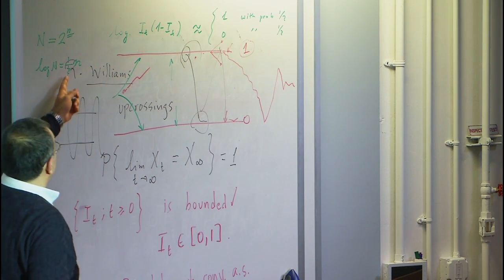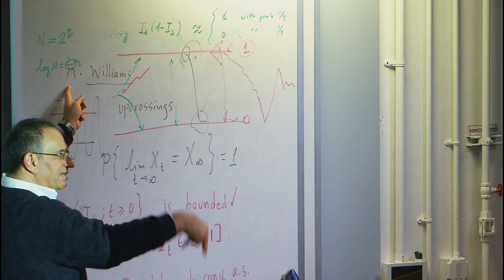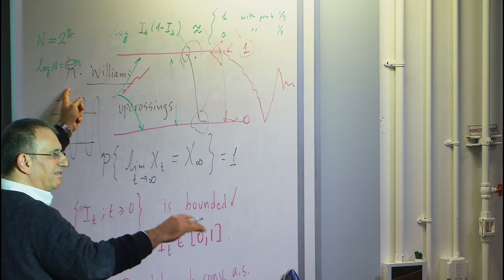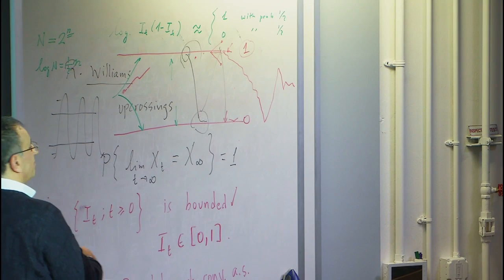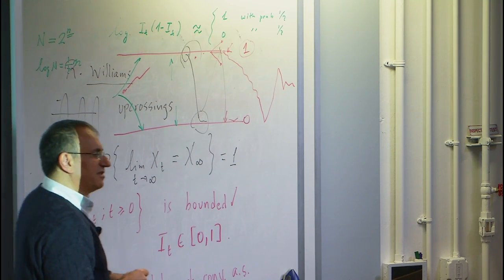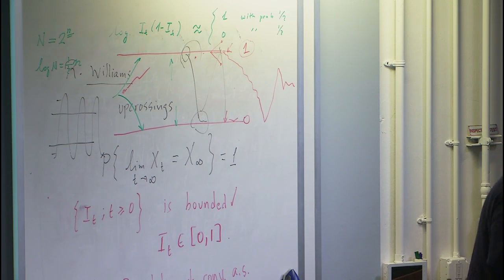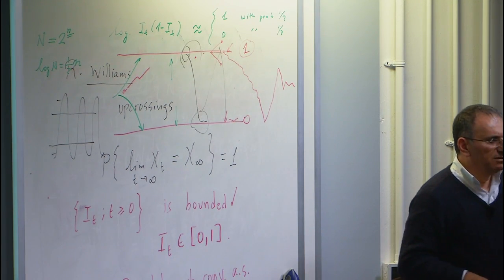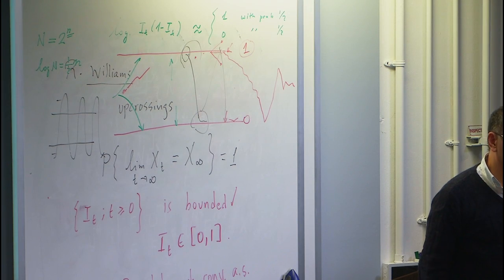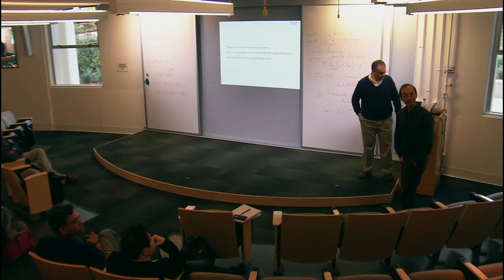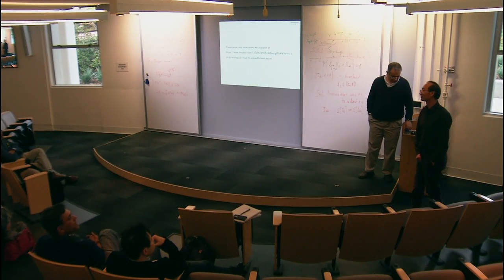Only half of these steps are useful steps for convergence. The remaining ones are keeping you where you are. So that's the intuition. Okay, all right. So we've succeeded.